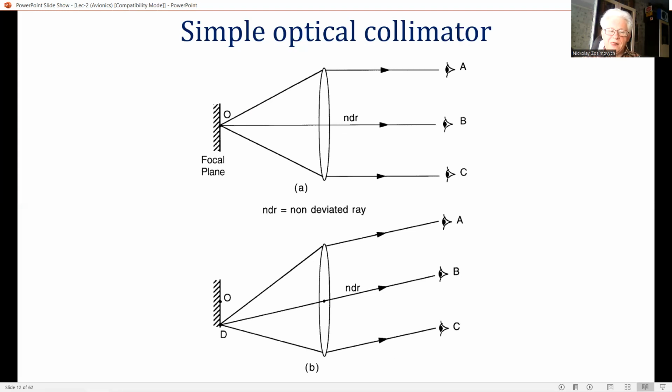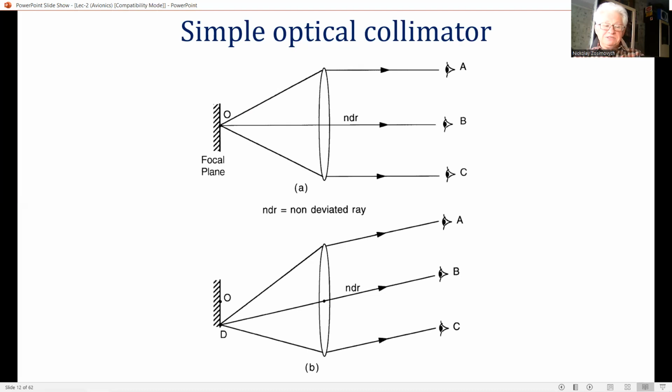It should be noted that the collimating lens, in practice, would be made of several elements to minimize the unacceptable shortcomings of a single element. It can be seen from figure A that an observer looking parallel to the optical axis will see point O at eye positions A, B, and C, and the angle of gaze to view O is independent of the displacement of the eye from the optical axis.